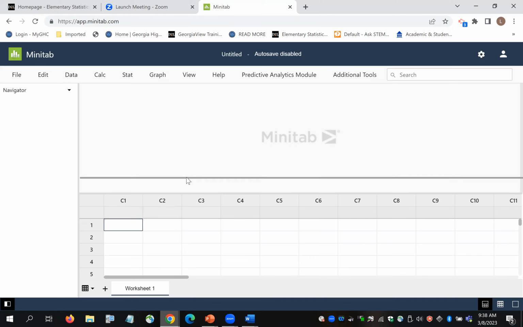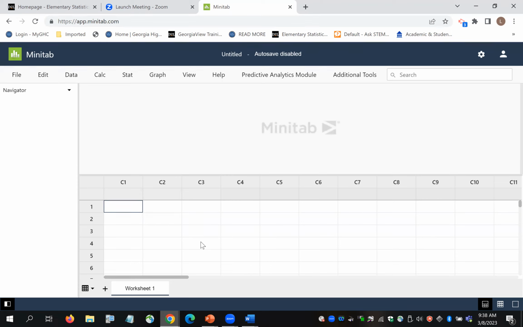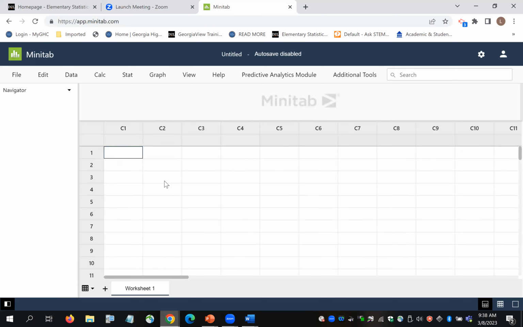On the right-hand side, you have a split screen. The lower half of the screen is like an Excel spreadsheet. It should look similar to a spreadsheet.